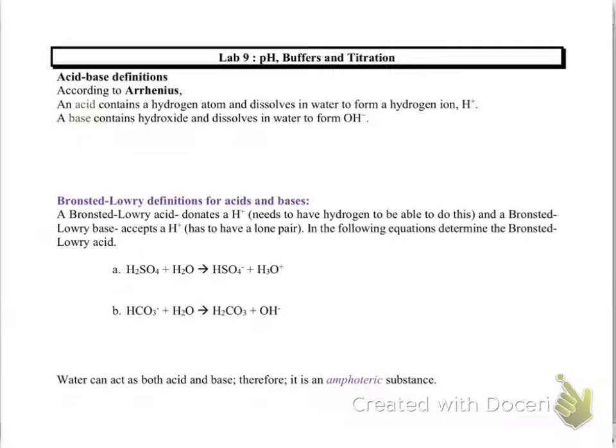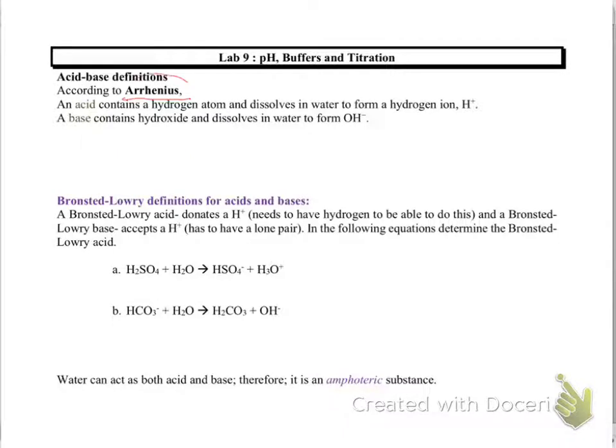This last lab, pH buffers and titration, is based on your chapter 9, Introduction to Acids and Bases. The earliest definition of acids and bases was suggested by Swedish chemist Svante Arrhenius in the late 19th century.